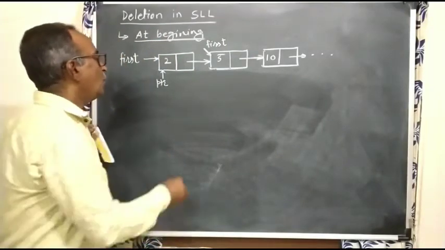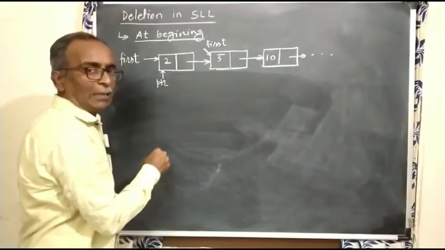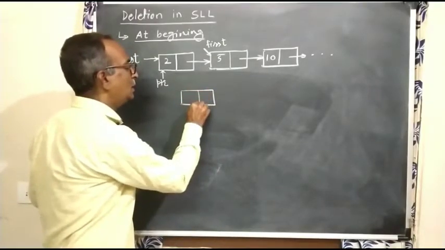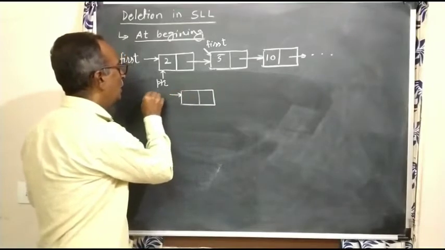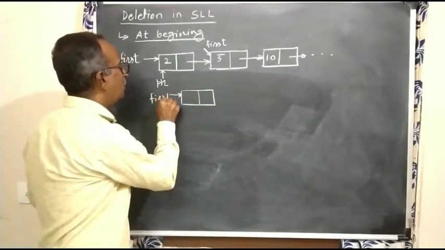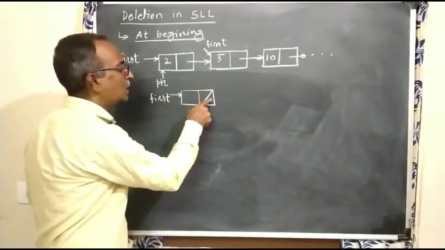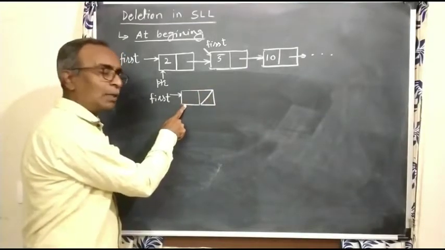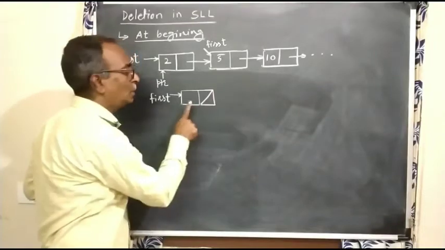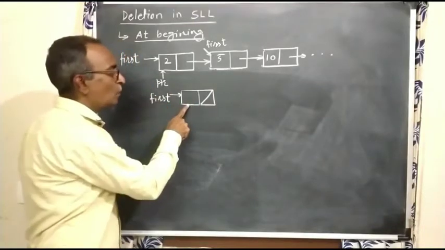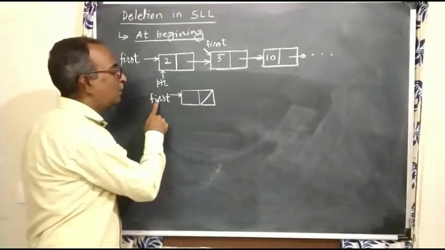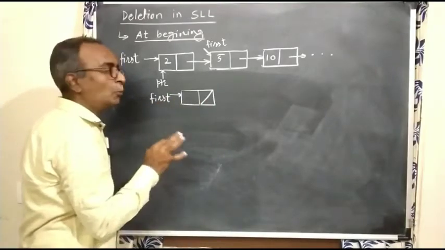Moreover, if only one node is available in linked list, what is condition for one node? One node condition is when first link field is itself null. First is pointing to this node. This is first node. There is no other nodes. Means only one node is present. So what is condition for first node? Only one node. When first link field is equal to null.